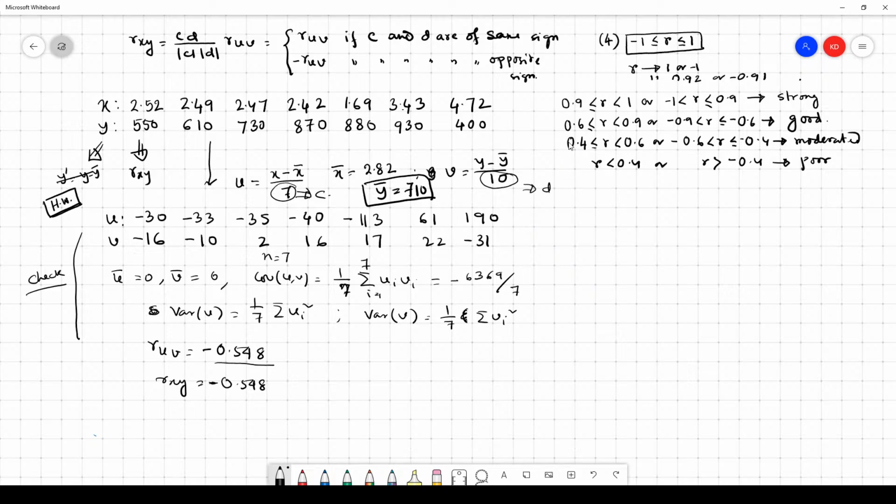Some people break this range also. This good is divided into two parts.